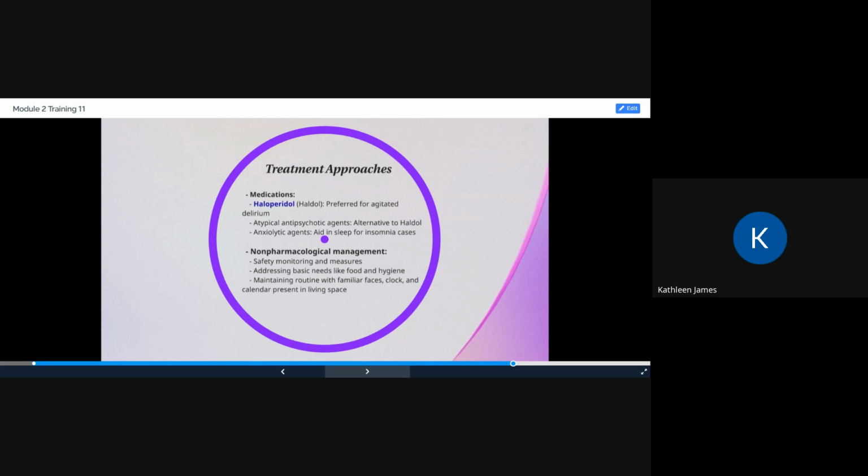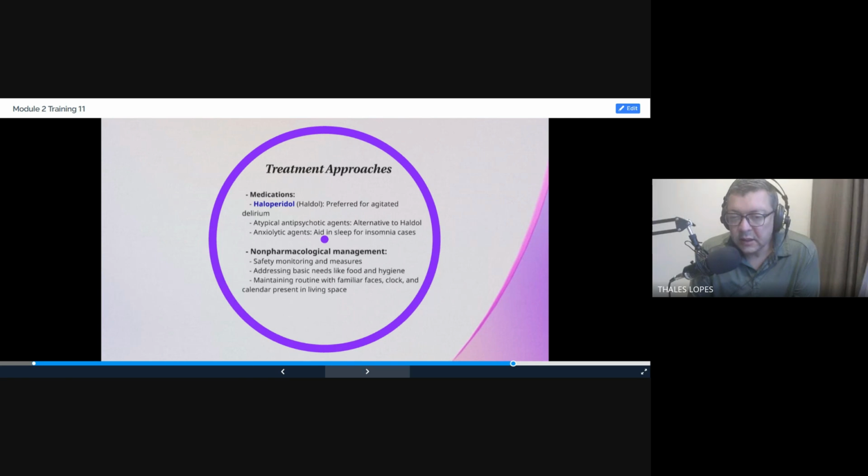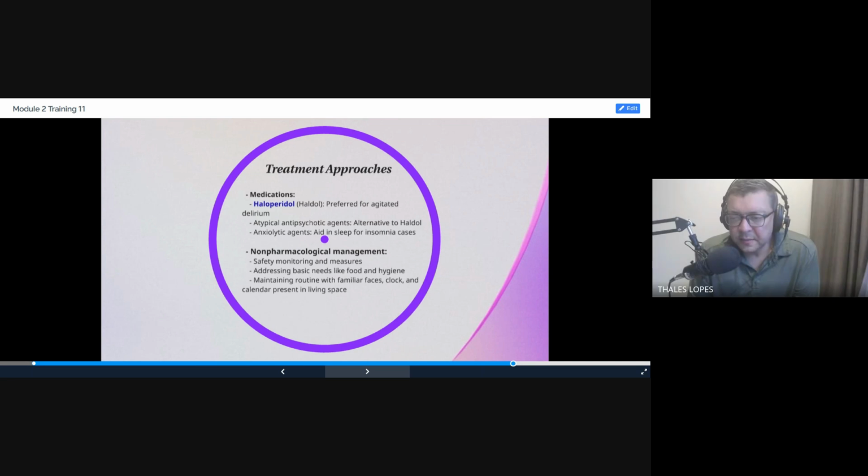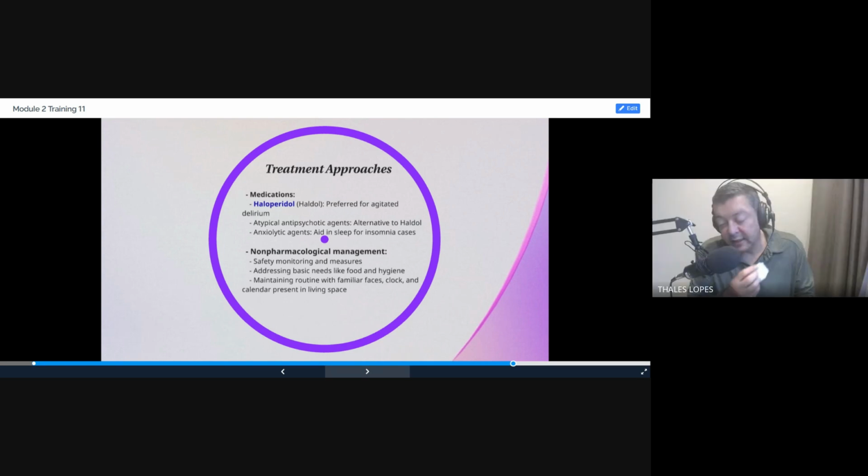Geodon, Zyprexa, aripiprazole. Latuda, maybe. Latuda is a good one. Zyprexa is an excellent one, better even than Latuda. Why would you use Zyprexa?